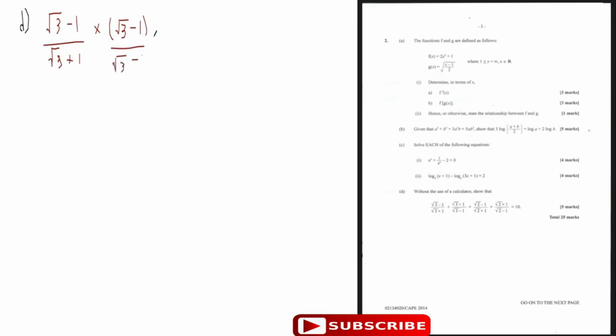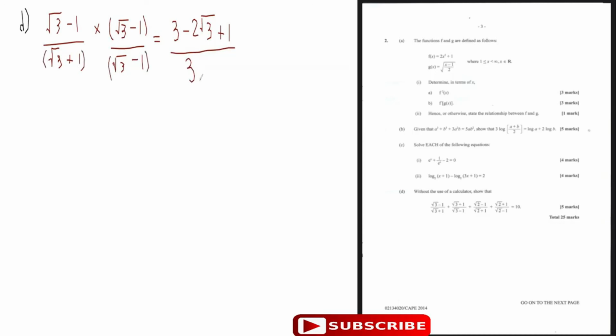When I do that, root 3 times root 3 is 3. Root 3 times minus 1 is minus root 3. Minus root 3, that's minus 2 root 3. And then minus 1 times minus 1 is plus 1. Then we're dividing that by root 3 times root 3, which is the difference of two squares in the denominator, a squared minus b squared.